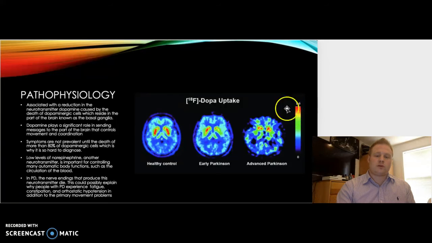They have a 1.6 rating, which is a very high uptake of dopamine. As for when we go to the early Parkinson's, we can see the decrease in red, which is a decrease in dopamine, or the dopaminergic cells producing dopamine. And now, as we can see in the advanced Parkinson's, there's barely any red and just no dopamine being produced or used.